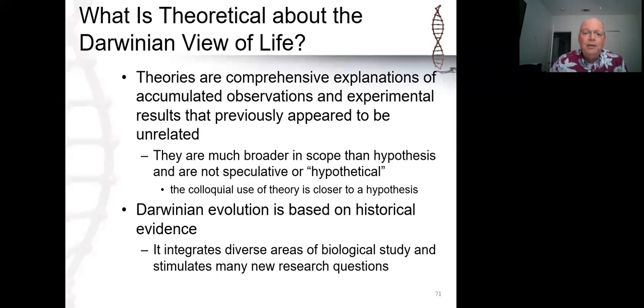And of all the theories in science, evolution is the one that has been tested the most by making predictions, and under all circumstances where the predictions have been put to the test, the theory has stood that test on the basis of the data that has been collected in support of the prediction. Of all the theories in science, the Darwinian theory of evolution, or the Darwin-Wallace theory of evolution, is the one that has the most experimental support.